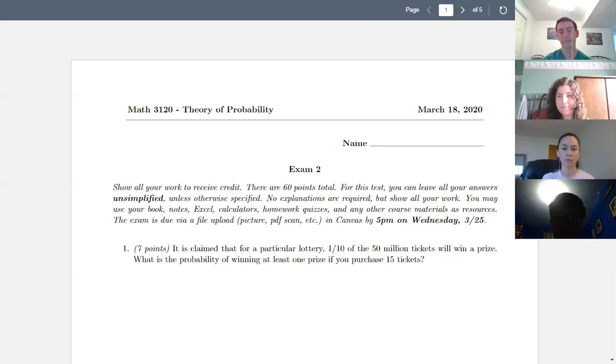Okay, so I have a giant pile of 50 million tickets, and I'm selecting 15 of them, right? So in order for it to be binomial, each one of those 15 tickets would have to be seen as a trial that's independent from all the other trials.